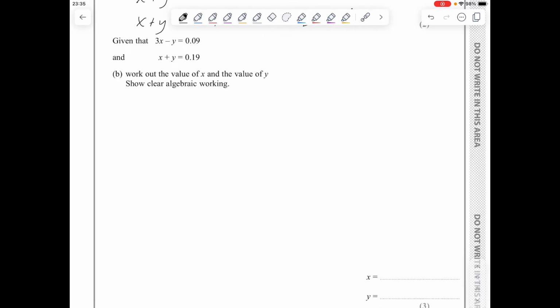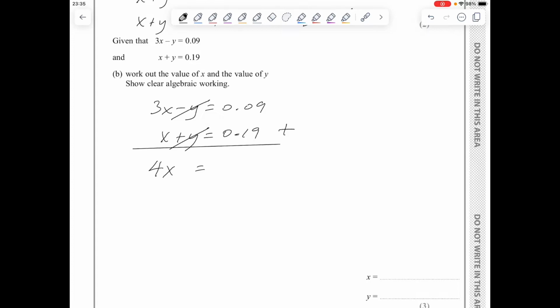In part B, I'm just solving simultaneous equations, so let's write them down again. 3x minus y is equal to 0.09 and x plus y is equal to 0.19. And I'm going to add the two equations together. The minus y and the plus y will cancel out. So I get 4x equals 0.28. So x comes out to be 0.07.